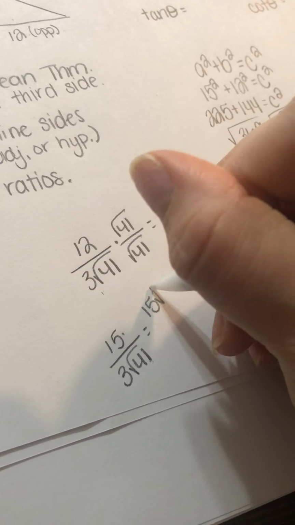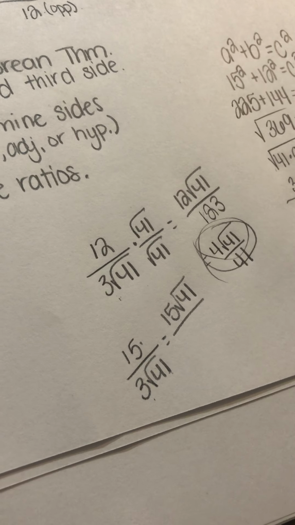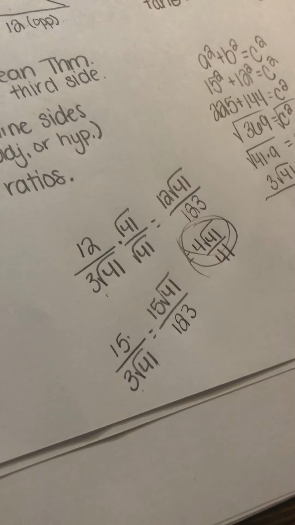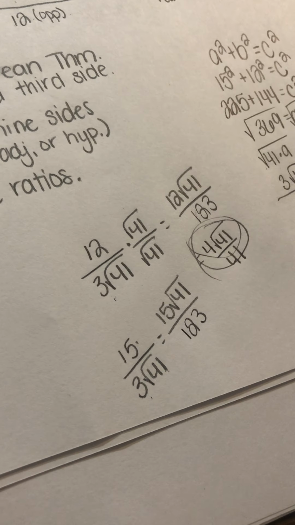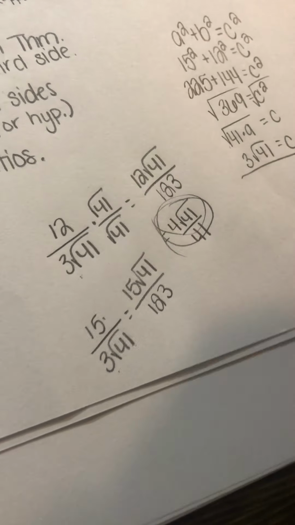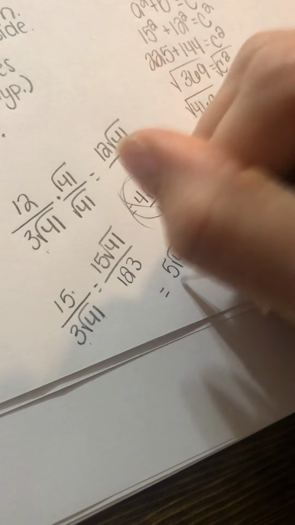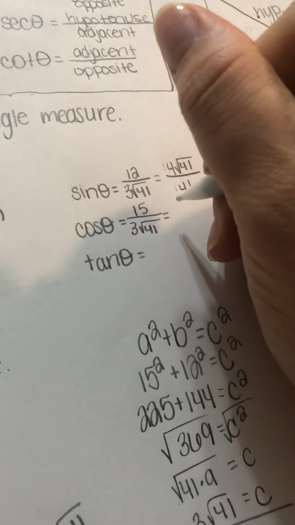So 15 square root of 41, and then do 3 times 41, which we know is 123. So all we have to do now is 15 over 123 and see if it reduces, and it's 5 over 41. So it's 5 square root of 41 over 41, and that'll be cosine. So I'll put that here.